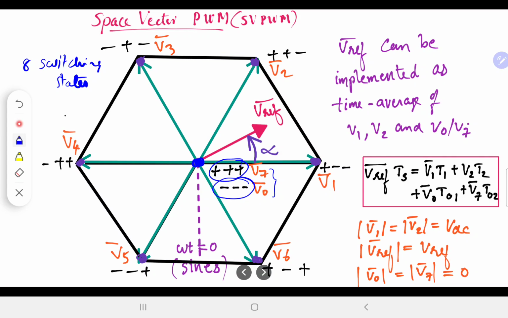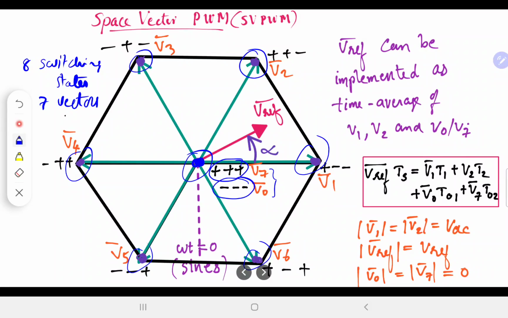So there is only one voltage vector which corresponds to the zero power delivery, and we have 6 active vectors which correspond to the power delivery. Okay, 6 active vectors, 2 zero states, and 1 zero vector. So 7 vectors, 8 switching states.